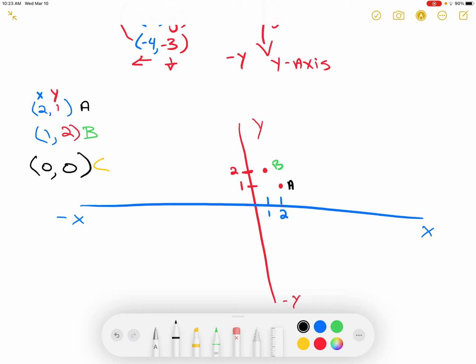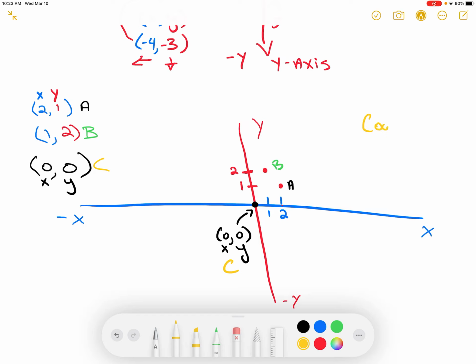And then finally 0, 0. Well, where is 0 for the x value? Well, that's going to be right in the middle. And where is the value for the y for 0? It's also right in the middle. So that is the point 0, 0, where x is 0 and y is 0. And that's what we call C.